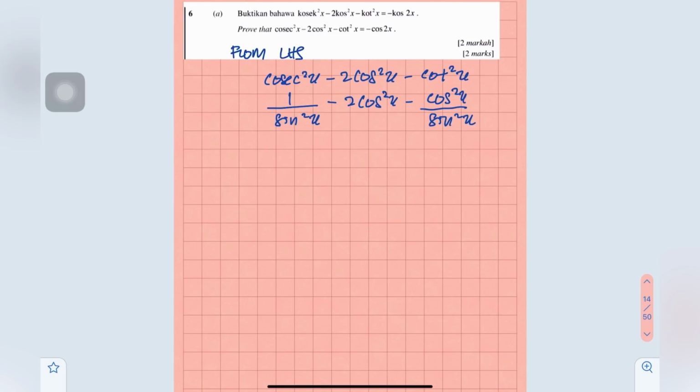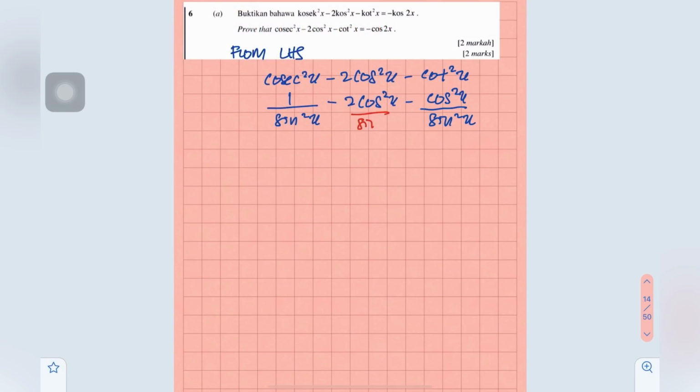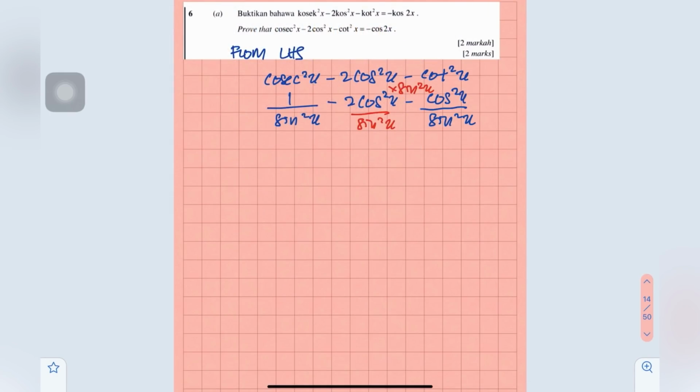Okay, then kita equate the denominator. So this one kita samakan penyebut. So over sin squared x. So ni darab dengan sin squared x lah. So this one become 1 over sin squared x, minus 2 cos squared x sin squared x, minus cos squared x.